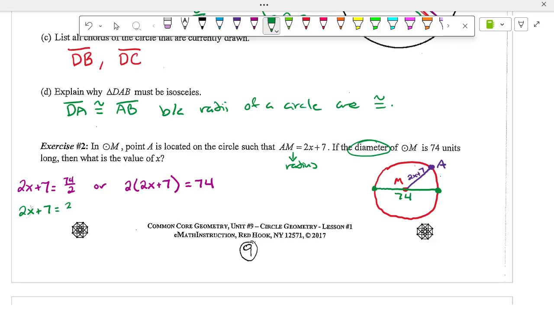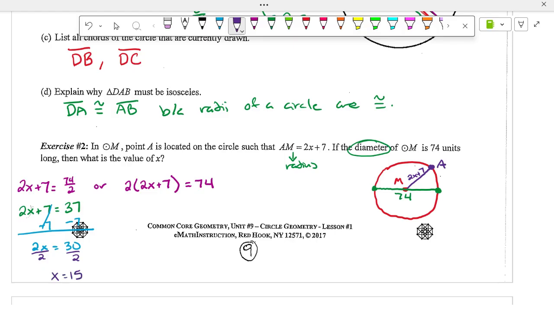It's 37. That's a nice whole number, no decimals. So what do I do next? Subtract 7 from both sides. 2x is equal to 30. Yep. X is equal to 15.